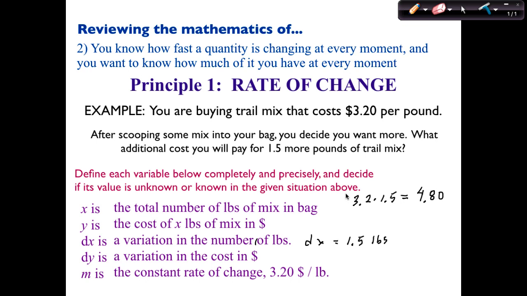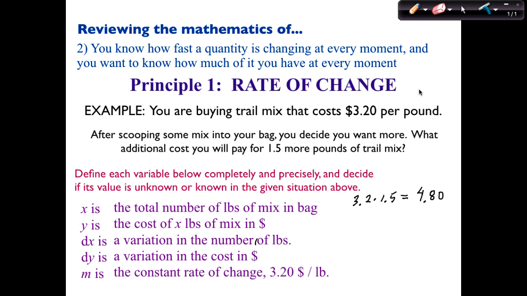So what I want you to do is take that equation and rewrite that equation by modeling it with these symbols. So how would you use these symbols to rewrite this calculation you did to solve this question of how much more would it cost for 1.5 more pounds? So how would you use these symbols to rewrite this equation?